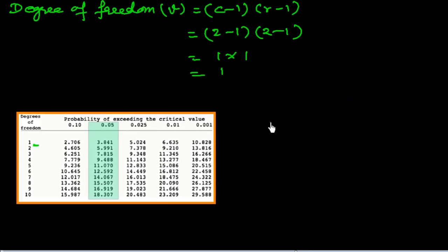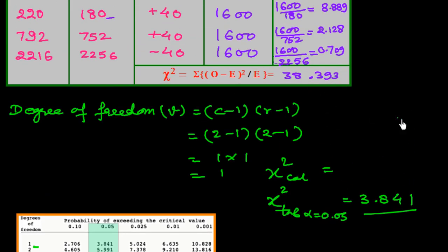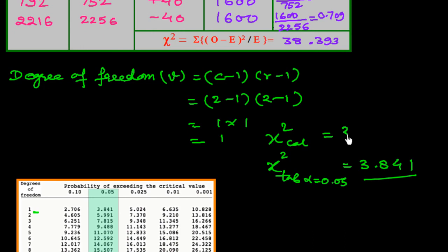So the chi-square table value at the critical point alpha equal to 0.05 is 3.841, and the chi-square calculated value we are getting here is 38.393.